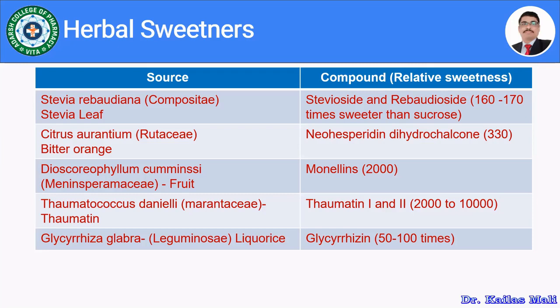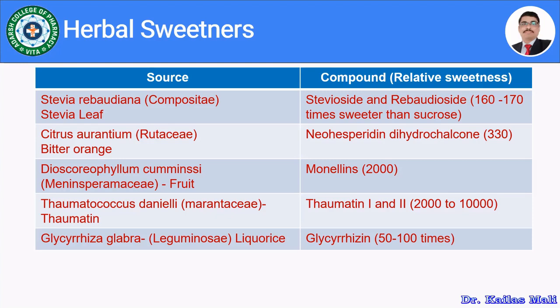Then the fruit of Dioscoreophyllum cumminsii, belonging to family Menispermaceae, which mainly comprises monellins, approximately 200 times sweeter than sucrose.